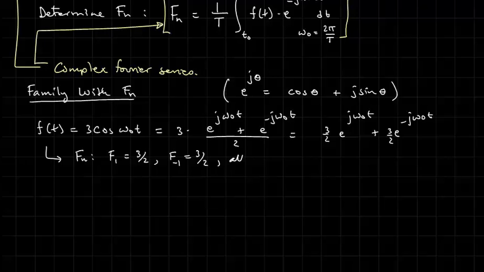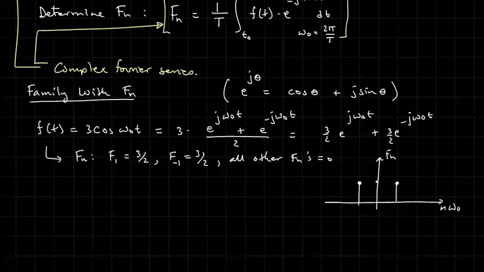And all other f sub n's are equal to 0. We can plot that, where vertically we have f sub n and horizontally we have n, or n omega naught. And what we have is 2 lines, really just 2 points, at 3 halves, occurring at plus omega naught and minus omega naught. And that we call the spectrum of 3 cosine omega naught t.